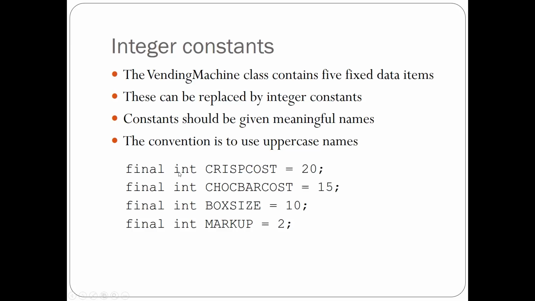Whereas we would declare an integer variable crisp cost and assign it a value of 20, we're going to use the naming convention of uppercase names for all our constants, and we use the word final at the beginning of the declaration so that we tell Java that these are constants, and anyone who's using or editing the program in the future will know that they're actually editing a constant.